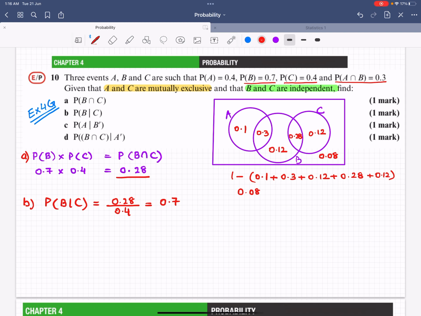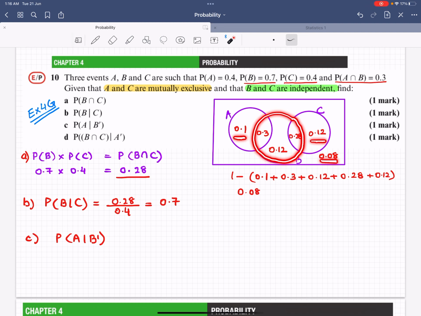That answers B. Moving on to C. In part C, we need to answer probability of A given B complement. So in this part, this is again a conditional probability. Our total is B complement, from which we need to find the probability of picking A. B complement means everything outside the circle B or everything excluding B. So that is 0.1, 0.12, 0.08.